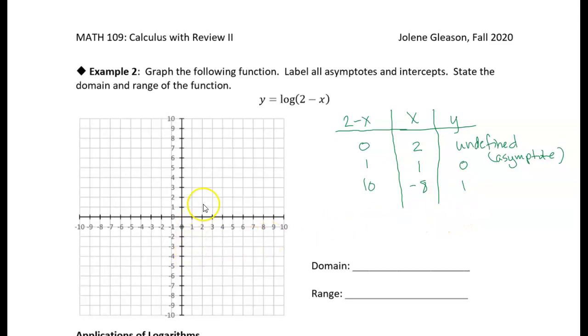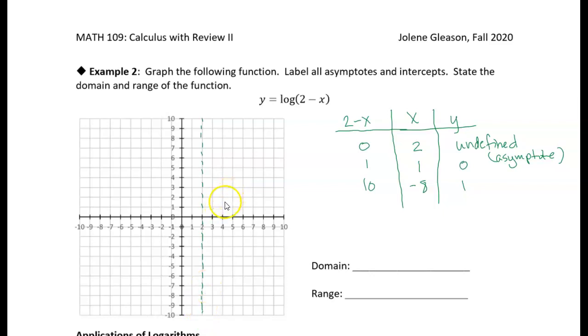So let's just graph that. All right, so I know I have an asymptote at x equals 2, right? So I'm just going to sort of draw that in. All right, so that's where my asymptote is.